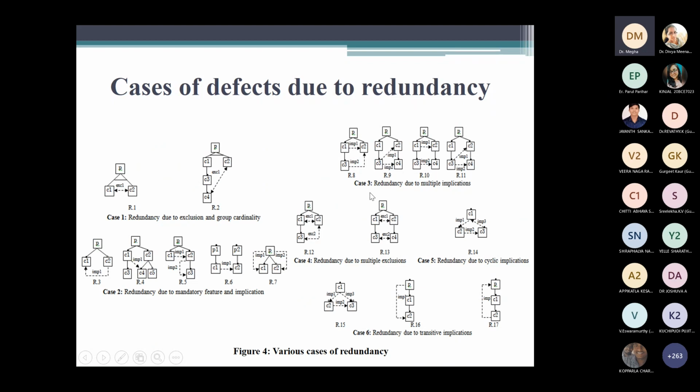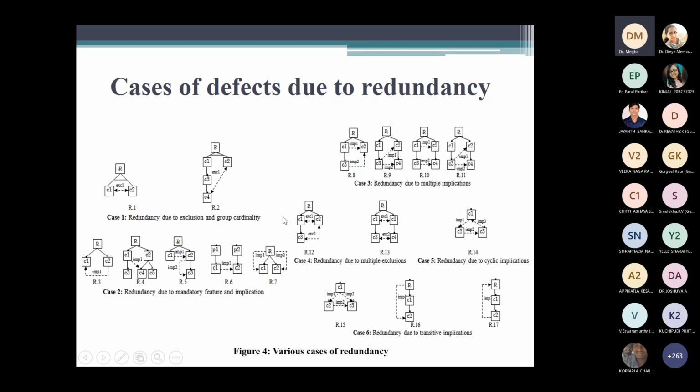And then case 3 includes the redundancy defects due to multiple implications. Here we have the parent feature P, and C1, C2 and C3 are the child features. Here we can see that implication 1 and implication 2 mean the redundancy defect is occurring due to the multiple implications in the case. Similarly, in case 4, the redundancy defect is due to multiple exclusions.